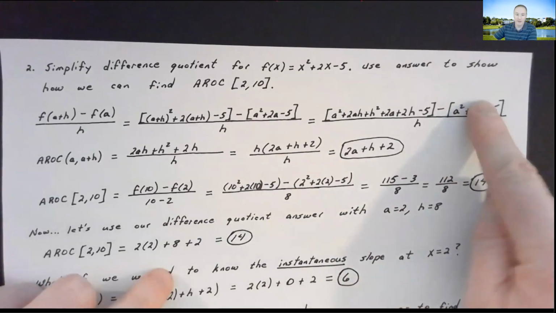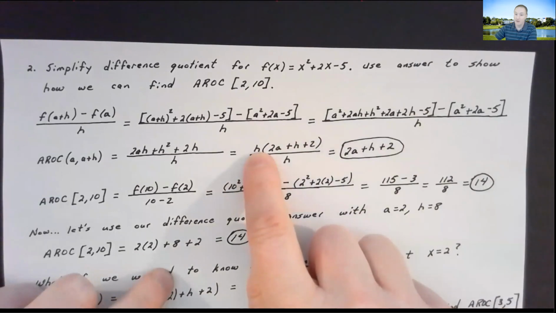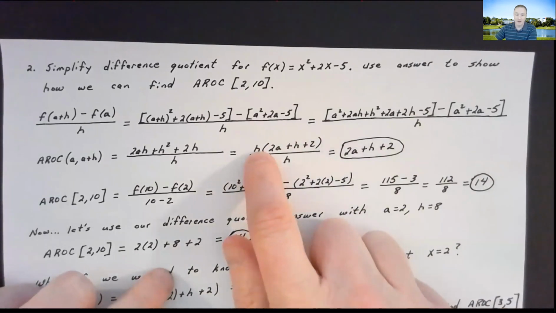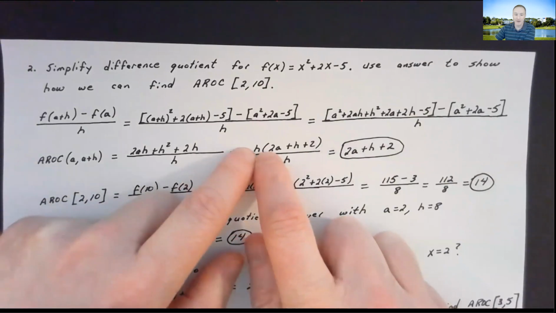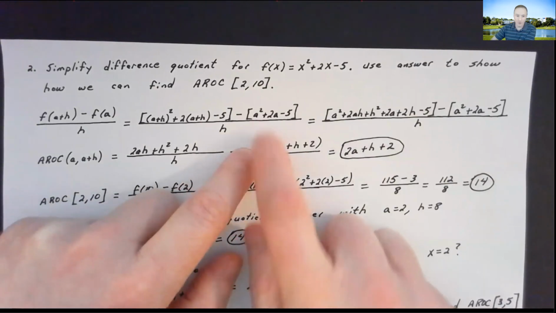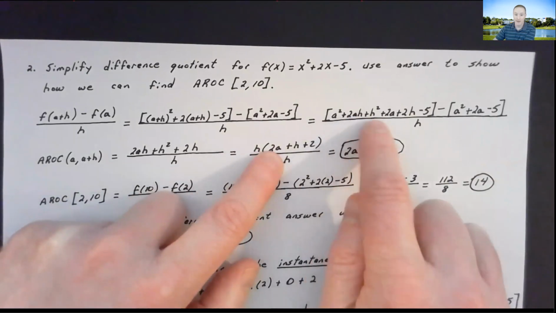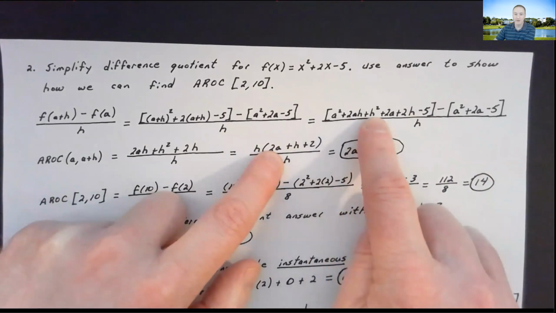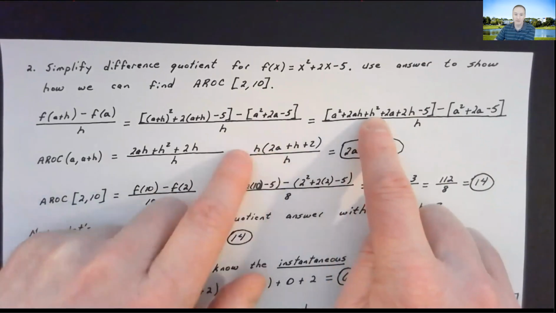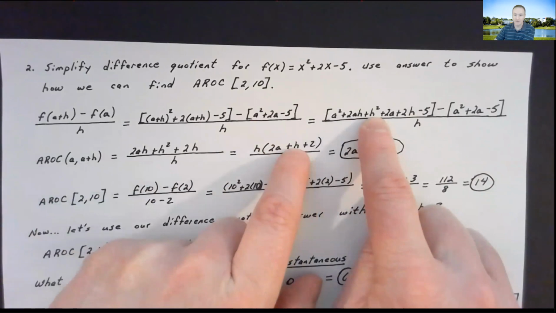You could go directly from this to this and just say, well, I know any term that is not going to cancel out always has to have a factor of h. I can pull that h out and say, oh, well, here's the first term that didn't cancel out. If you factor an h out of it, you have 2a. I guarantee you this term didn't cancel out. When you factor an h out of it, you have an h to the first power left over.